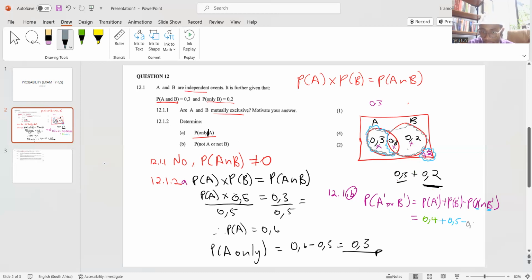So I have 0.2. So my answer is going to be equal to 0.7. That's my final answer.